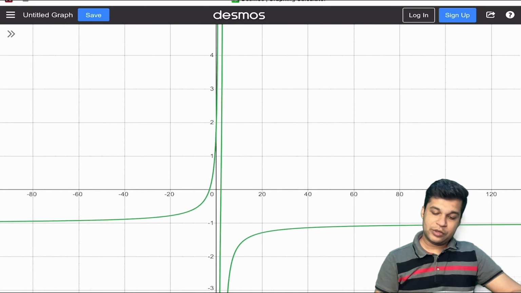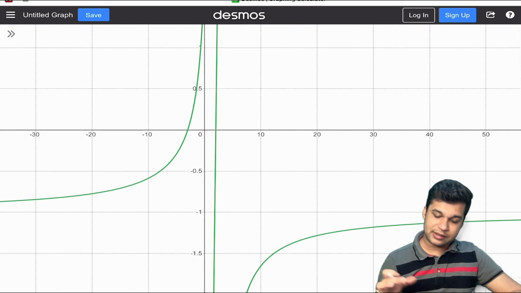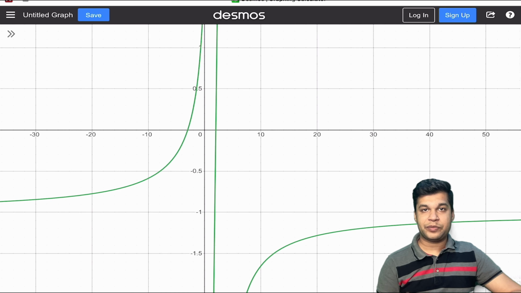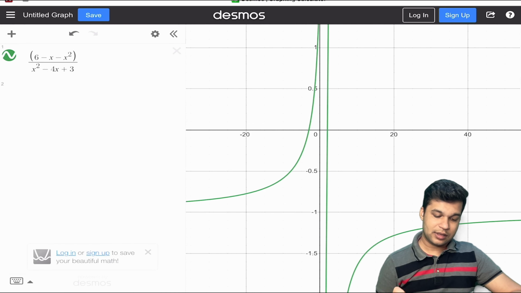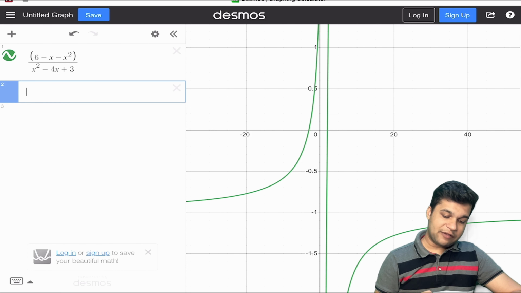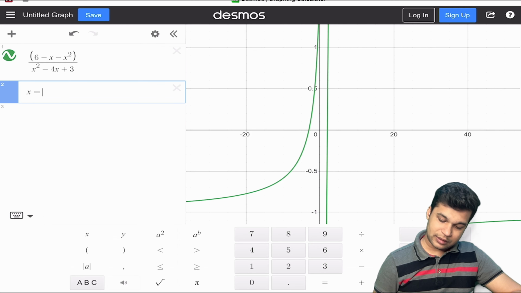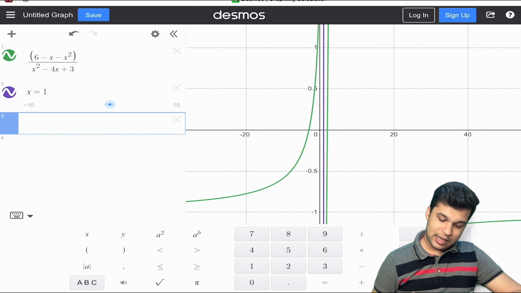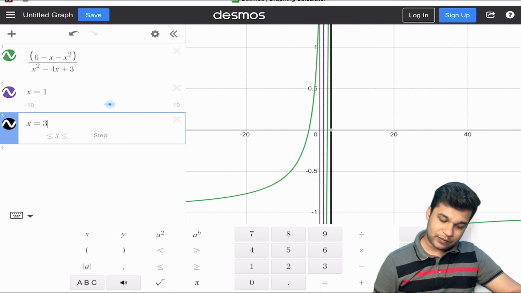Yeah, here. So if you see the graph, it's something like this. It is something like this, right? Something like this. Now if I draw the lines, which is x equal to 1, which is a blue line, and x equal to 3, which is a black line.